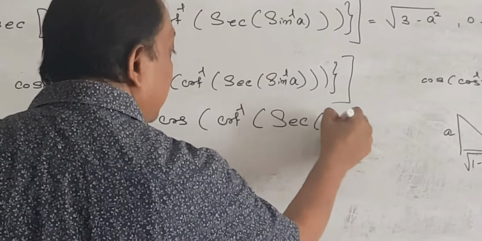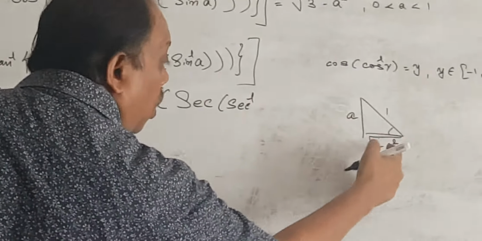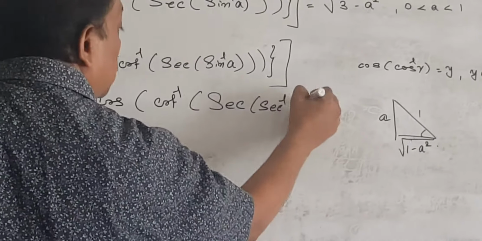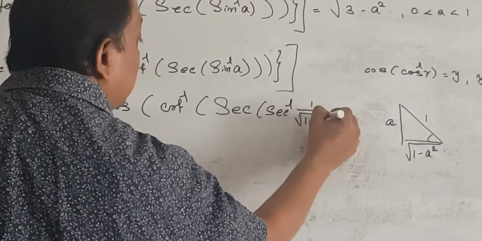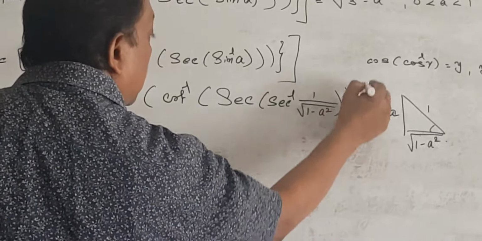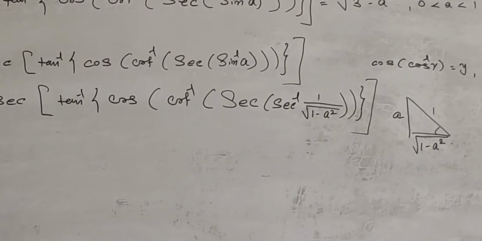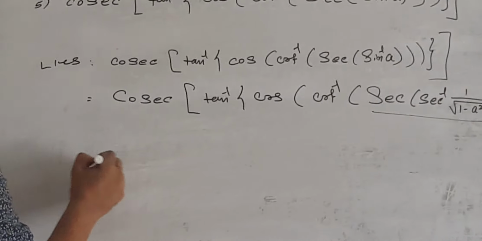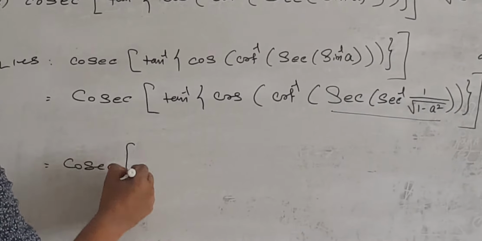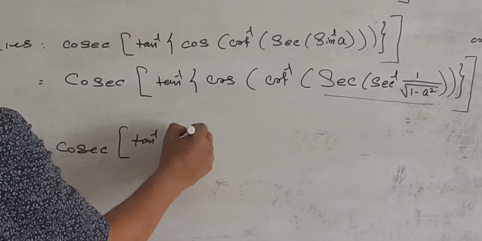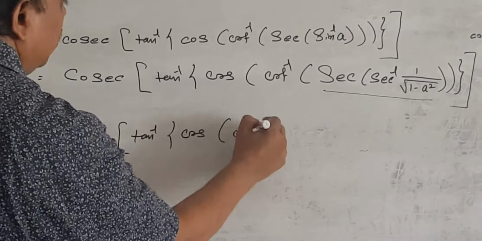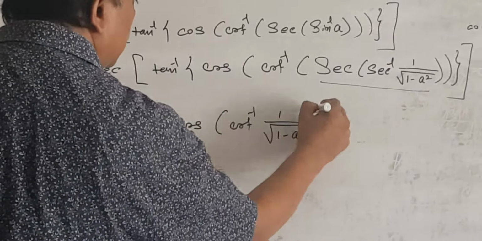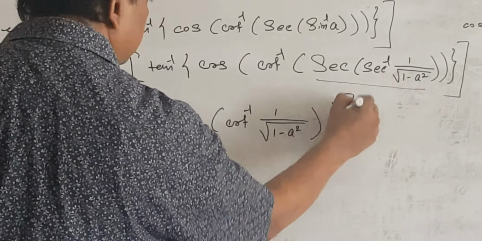So we can say sec inverse is hypotenuse upon adjacent side, so it should be 1 upon root of 1 minus a square. Now the sec of sec inverse y becomes simply y. So again I use cosec tan inverse of cos of cot inverse of 1 upon root of 1 minus a square.